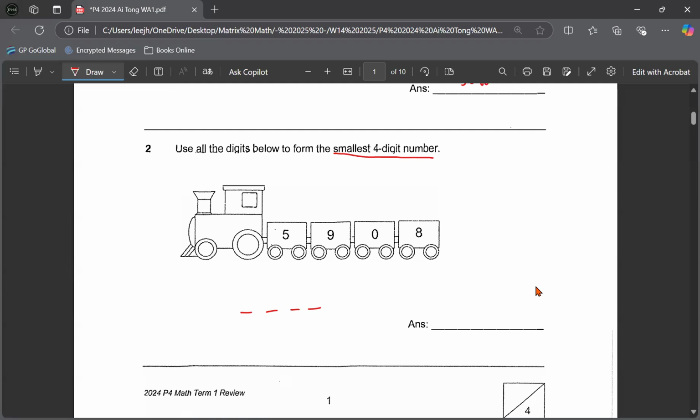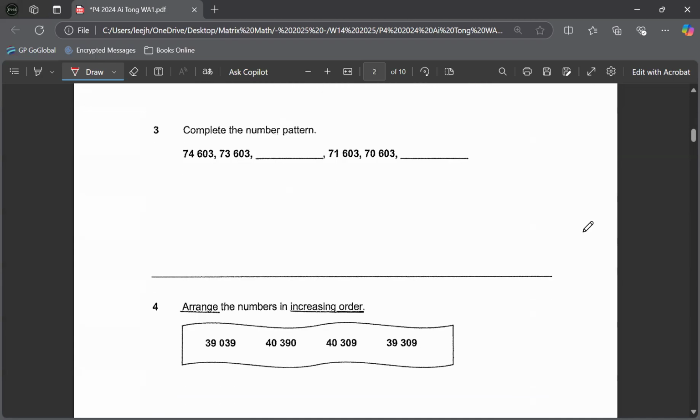So that means the next second smallest number is a 5. So I write 5. Then we go back to 0. And then there's only 8 and 9, right? So the smaller digit is actually 8, followed by 9. So your answer is 5,089.